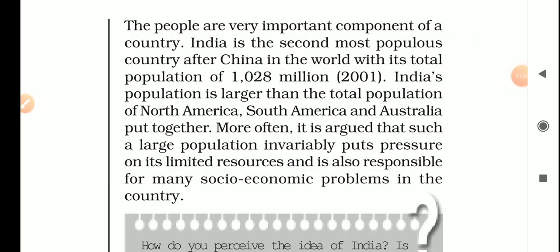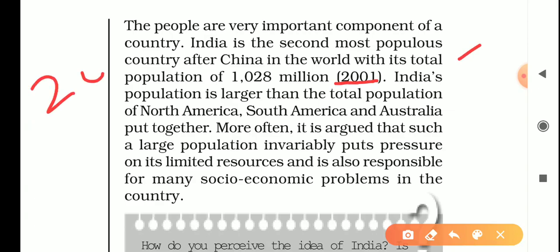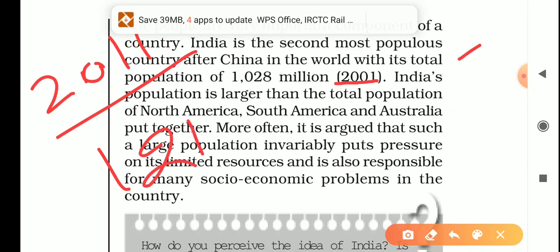Now the people are very important components of a country. India is the second most populous country after China in the world, with its total population of 1028 million in 2001. This is old data actually. At present, according to the 2011 census, the population of India was 1210 million.